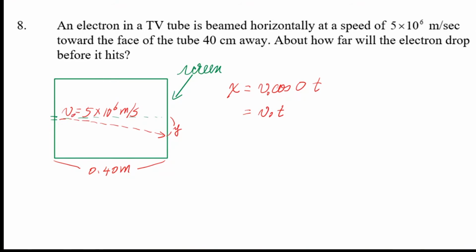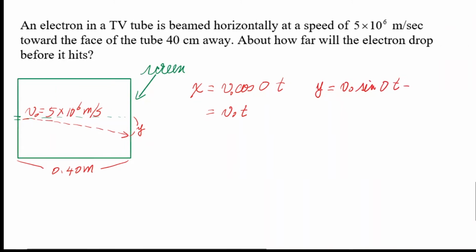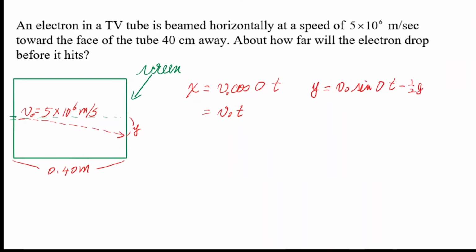This is V naught. And then Y, of course, is equal to V naught sine 0 degrees T minus 1/2 G T squared. So it just turns out to be negative 1/2 G T squared. You with me?